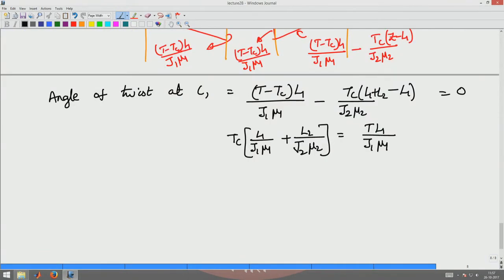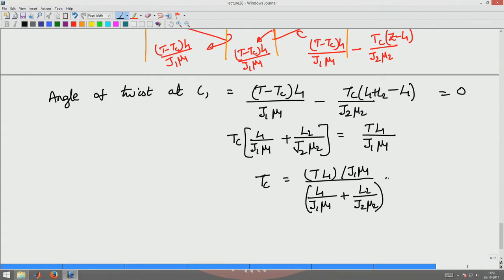So that gives me Tc to be T into (L1 by J1 mu 1) divided by (L1 by J1 mu 1 plus L2 by J2 mu 2).